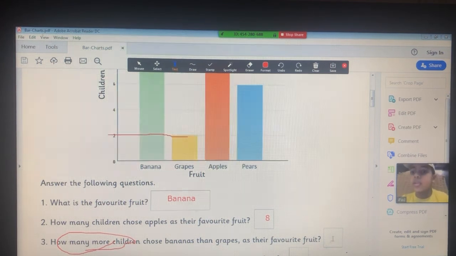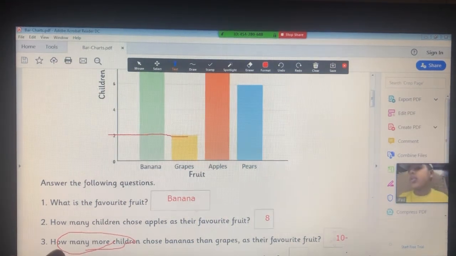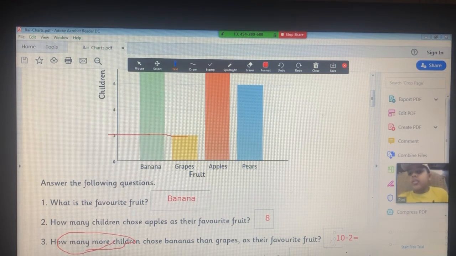So it's going to be 10 take away what? 2. Well done. Equals 8. Well done.